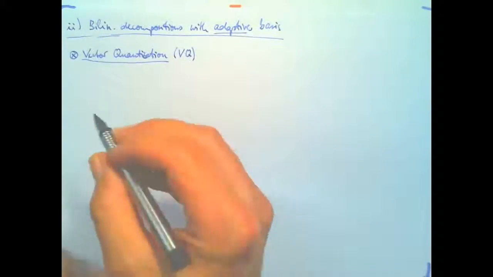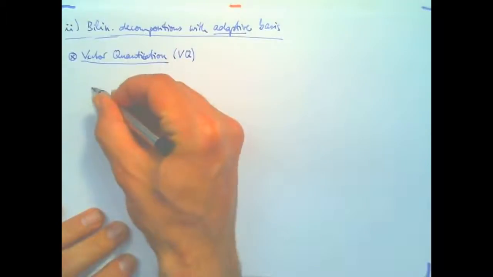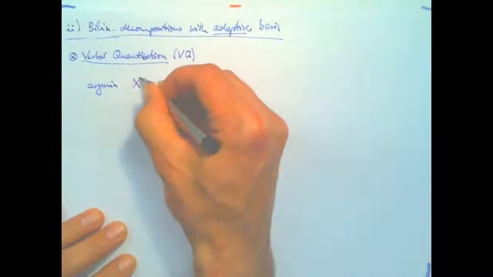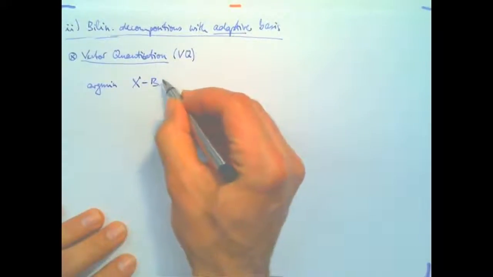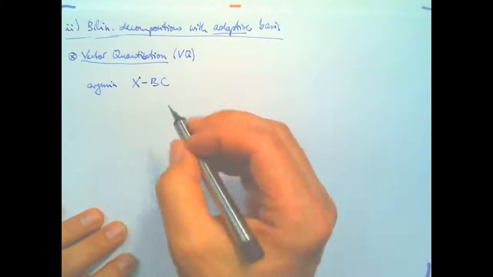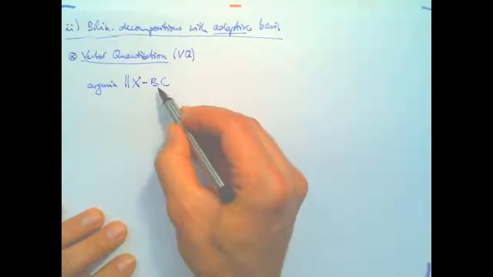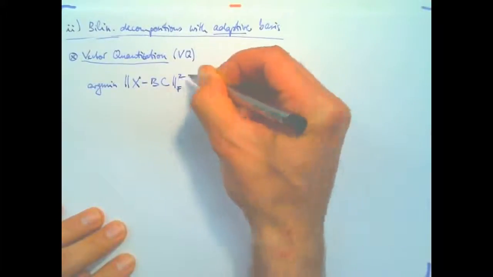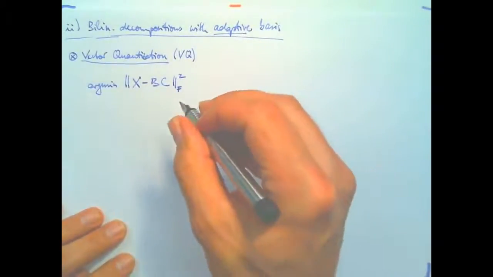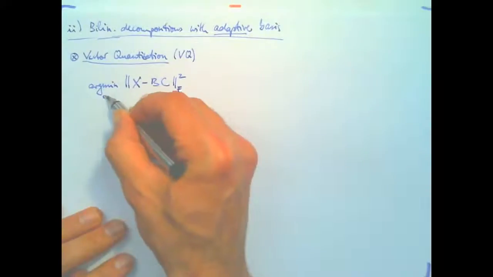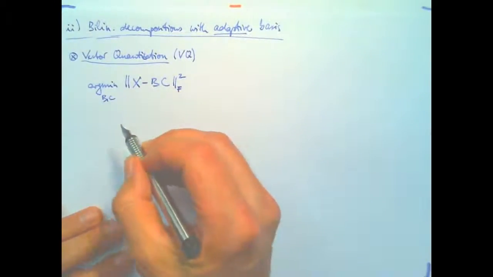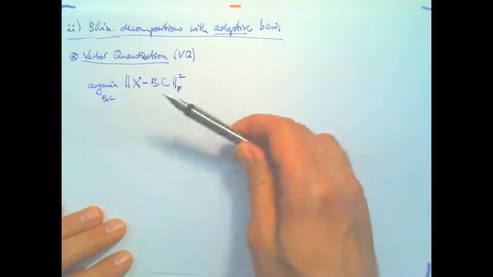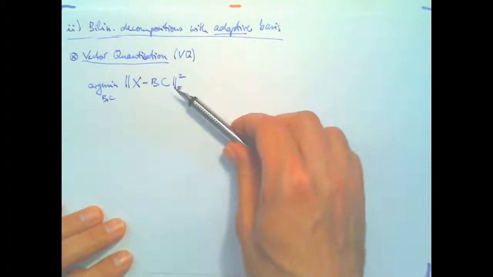So I'm writing down the objective function. I have my original observations x, and I want to approximate them with the coefficients expressed in some basis. I'm using the squared Frobenius norm as a similarity measure. I want to minimize over b and c. And now if I just write it down like that, this doesn't specify any particular method at all.